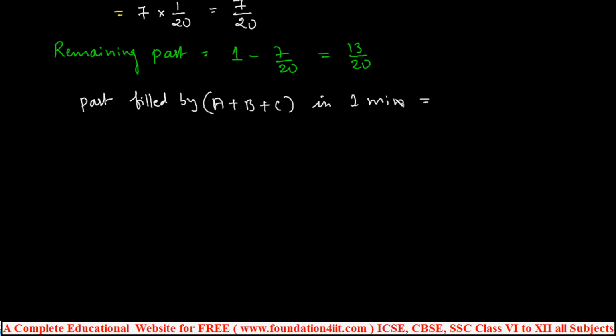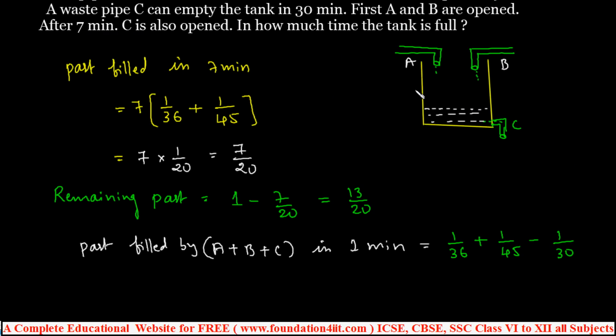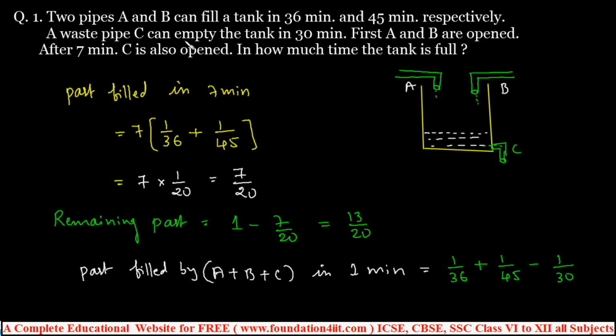In 1 minute how much can they fill? 1 by 36 plus 1 by 45, they are filling in 1 minute, but minus 1 by 30, because pipe C can empty the tank in 30 minutes. So minus 1 by 30.